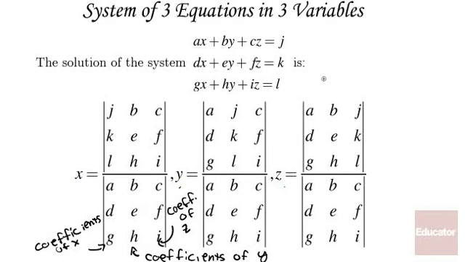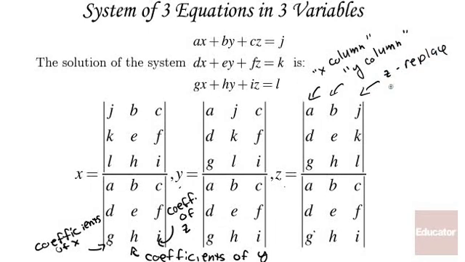In the numerator, here you see that this is the same as below. Okay, coefficients of x. Here, this is what I think of as my x column. I think of this as my y column. And then here, my z column. I'm going to replace that with the constants, since I'm looking for z.